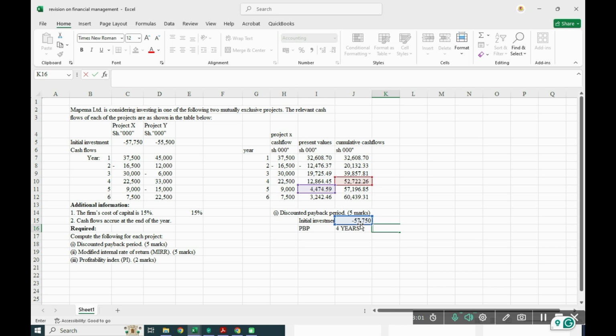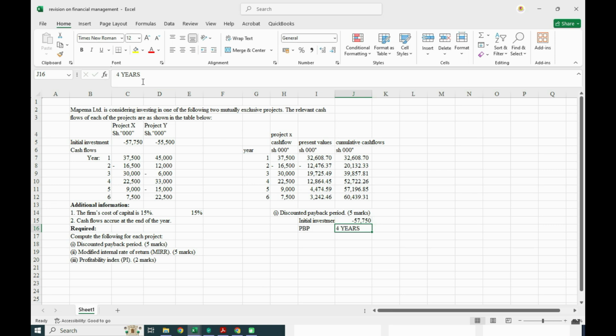So 57,750 is more than 57,196. It is more than this. That means we shall recover these within a period of 5 years. I will change this. It's within a period of 5 years.